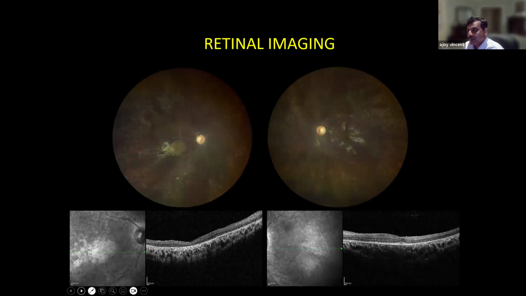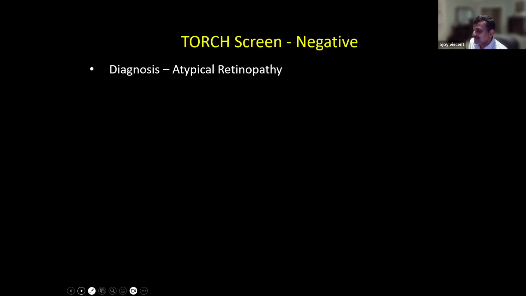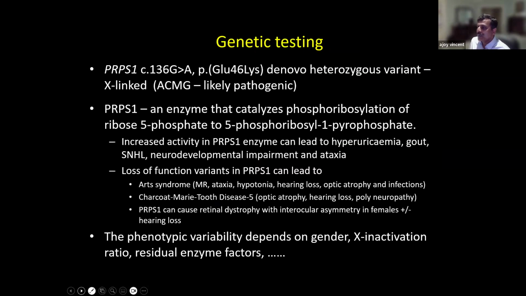It is one-sided hearing loss. So we did an infectious screen, TORCH screen, and all that came back negative. When we did electrophysiology, there was moderate to severe reduction in both rod and cone systems, diagnosed as atypical retinopathy, and then we did genetic testing as well.